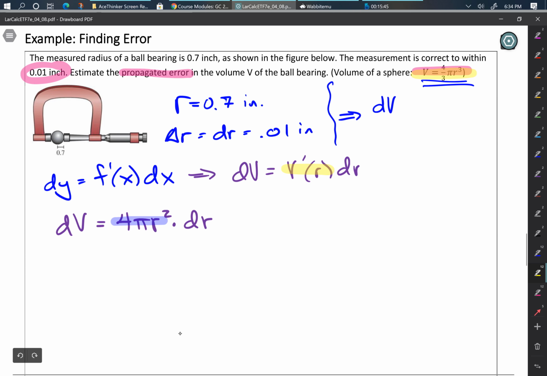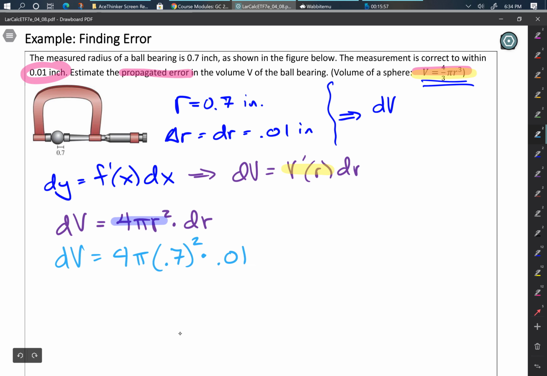All right, so now we're going to plug in our values. Our differential dv is 4 pi times our measured radius of 0.7 squared multiplied by our 0.01. Let's see. I'm going to use a calculator for this, so let me bring up my calculator.